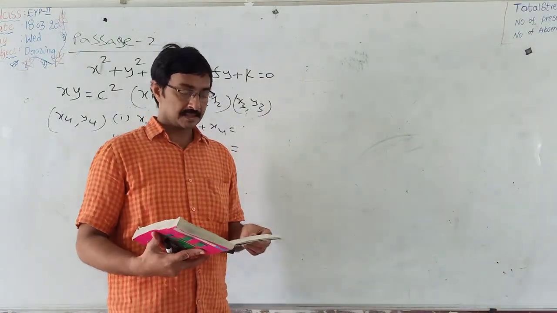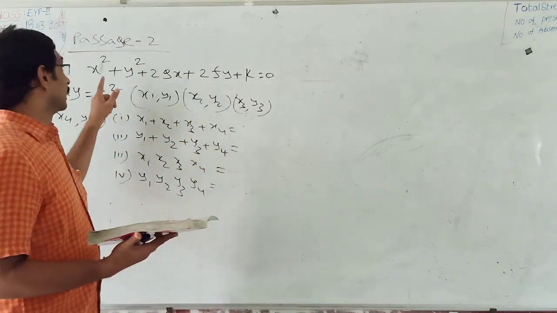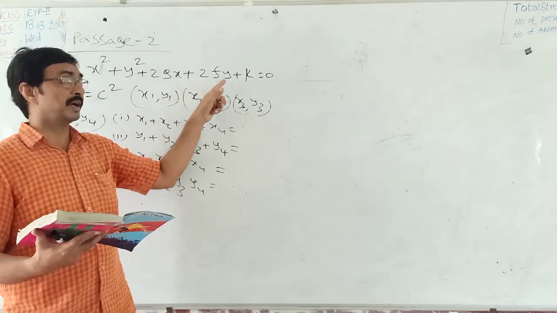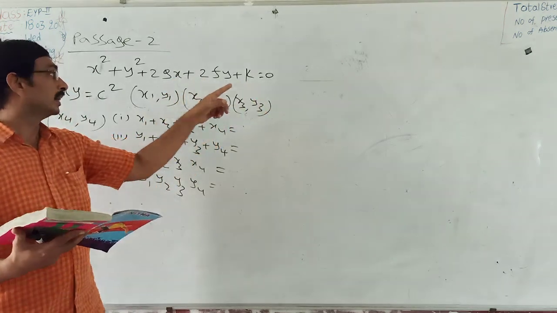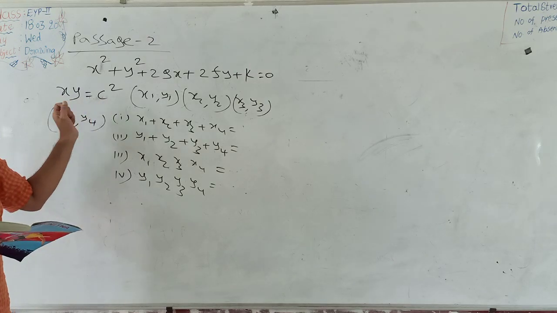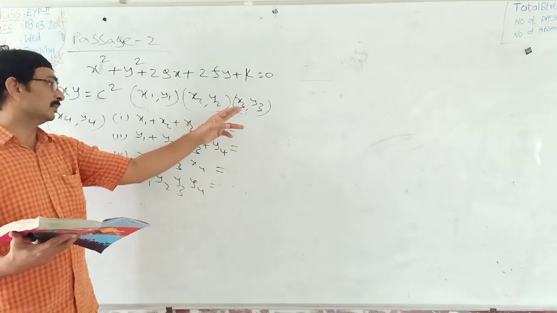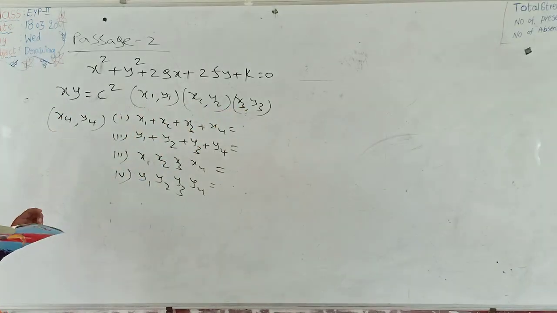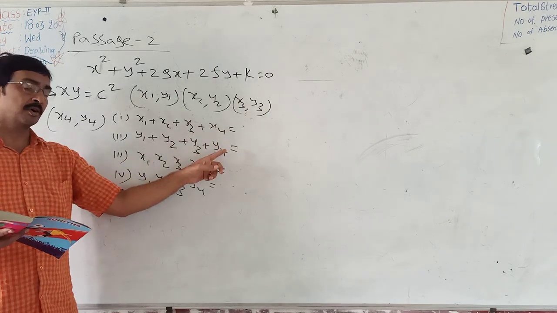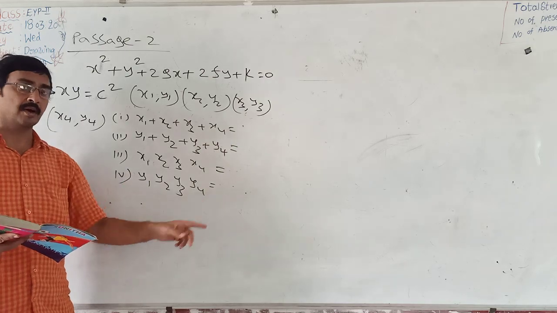See, next passage: if the circle x square plus y square plus 2gx plus 2fy plus k equals 0 cuts the rectangular hyperbola xy equals c square in 4 points (x1, y1), (x2, y2), (x3, y3), (x4, y4), then find the sum of x coordinates, the sum of y coordinates, the product of x coordinates, and the product of y coordinates.